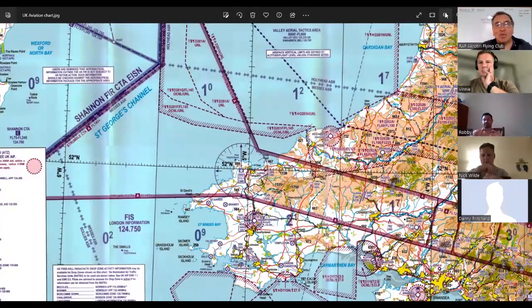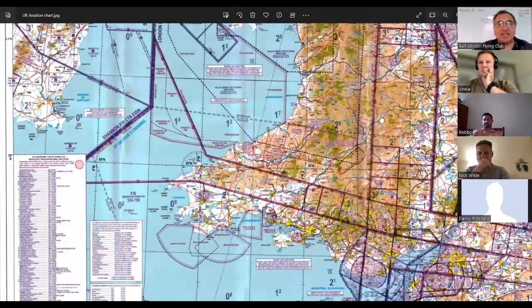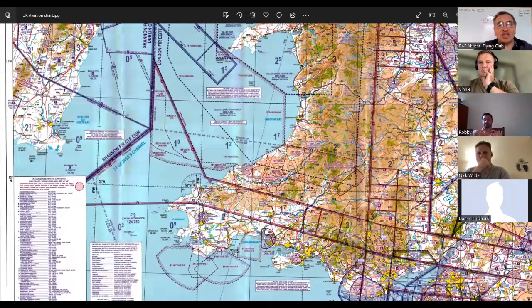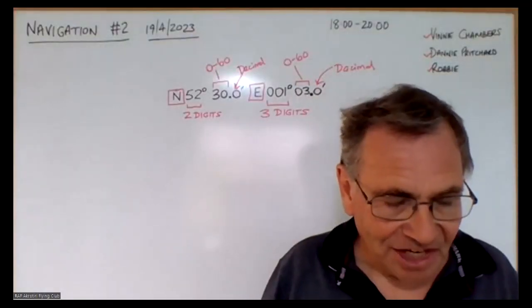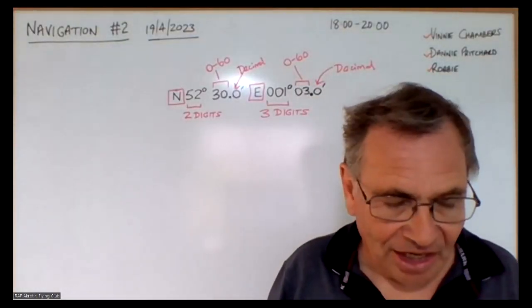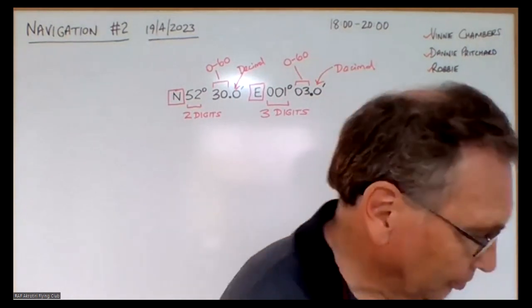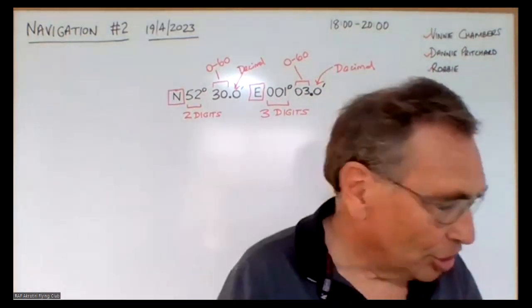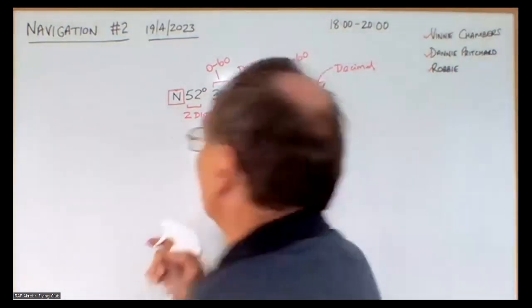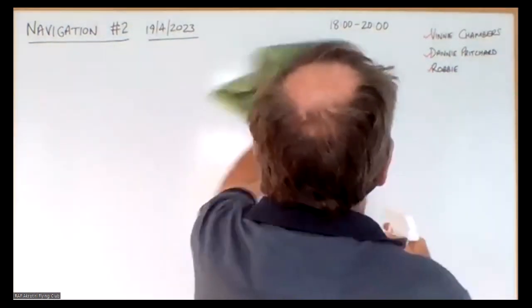So that's an excellent waypoint if ever you're flying off to Ireland. And you'll notice that it's actually quite a short crossing from here to there. So that's how we show a latitude and longitude. So any questions on chart work, because we're going to move on to compass theory.